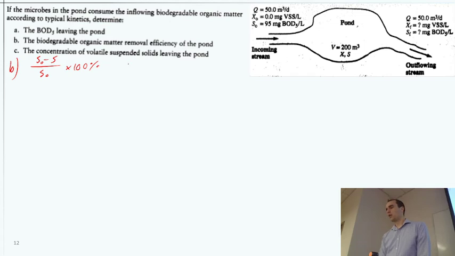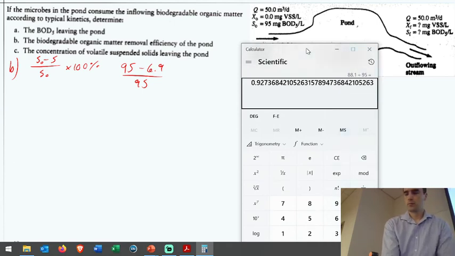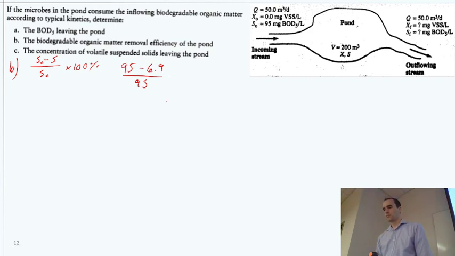So that's going to be our 95 minus 6.9 divided by 95. Should give us about 93% removal efficiency. So 92.7. Okay.